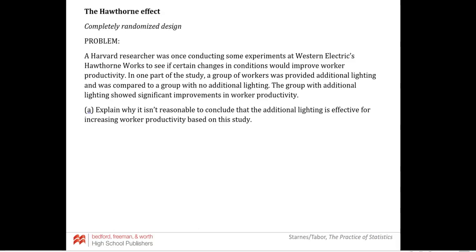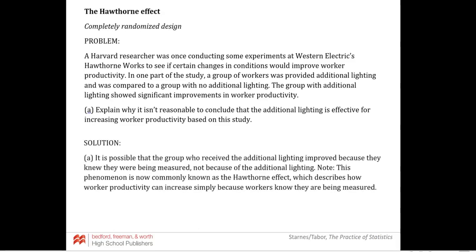Because it certainly looks like this was done really well. But what's the deal? Well, maybe they knew the results were getting measured. They were part of this study, and the other group was like, I don't even know what's happening here. They didn't know anything. And so this is where the phenomenon known as the Hawthorne effect comes into play.